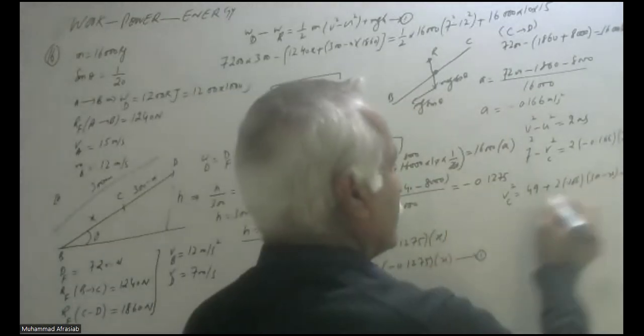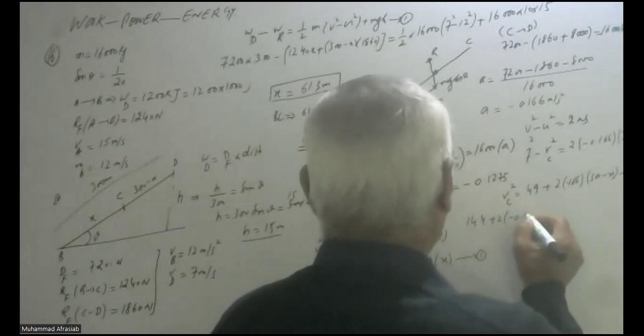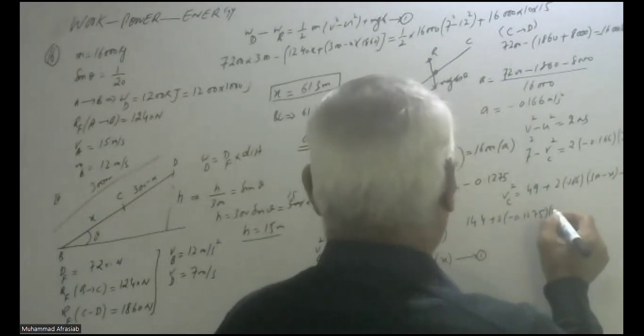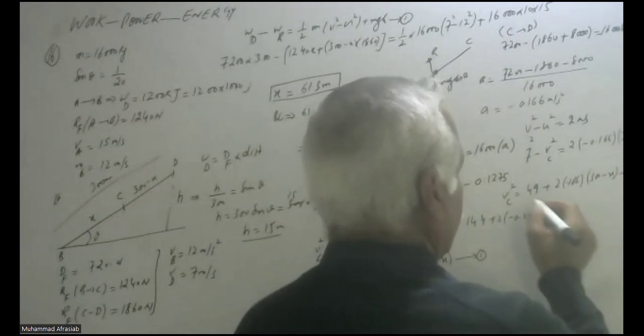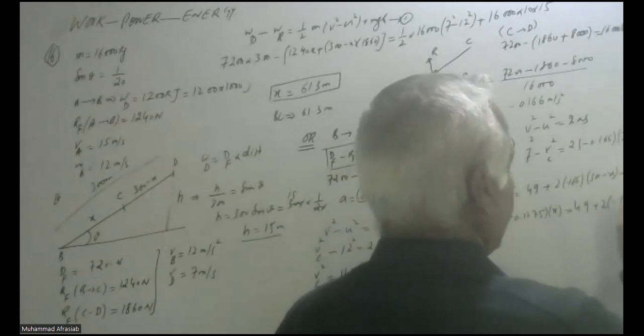Now we can solve equation number 1 and this 2 simultaneously, because both of them are equal to VC square. So the final equation will be 144 plus 2 into minus 0.1275 into x is equal to 49 plus 2 into minus 0.166 into 300 minus x.